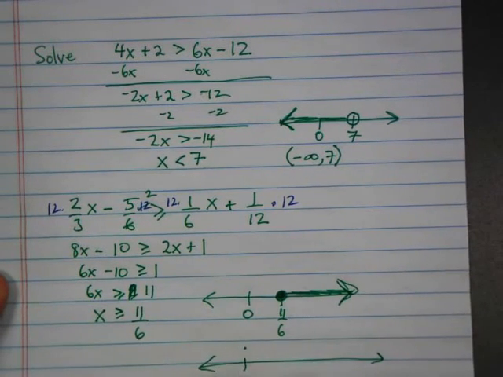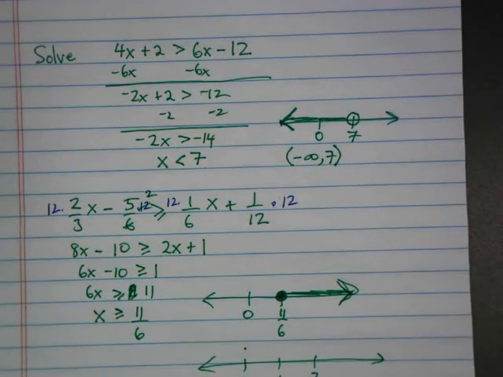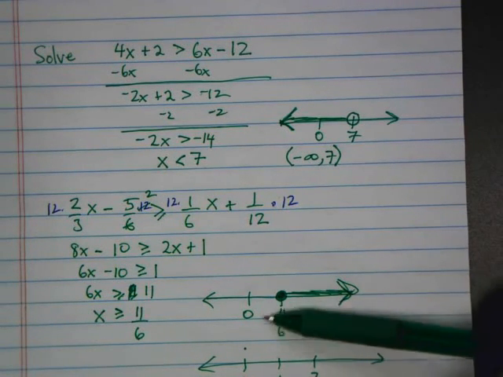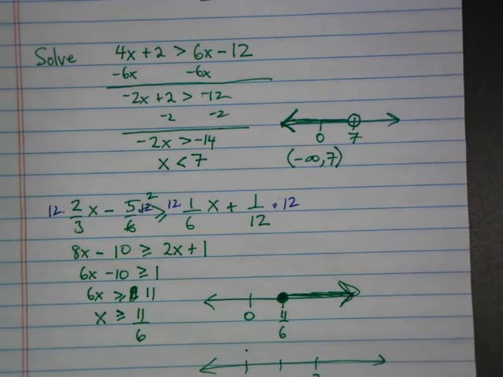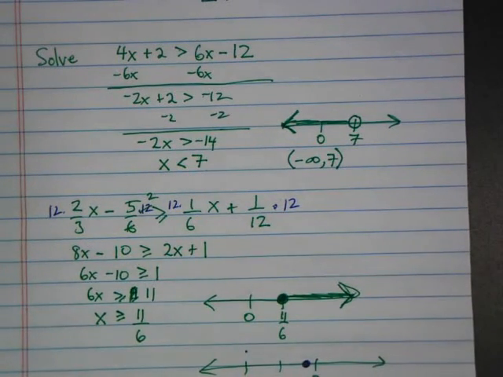If you mark 0, 1, 2, like so, you need a dot at 11 over 6. So what you have to think about is 11 over 6 is a little bit smaller than 12 over 6. And 12 over 6 is a fancy way of saying 2. So 11 over 6 must be right about there, just a little bit smaller than 2.